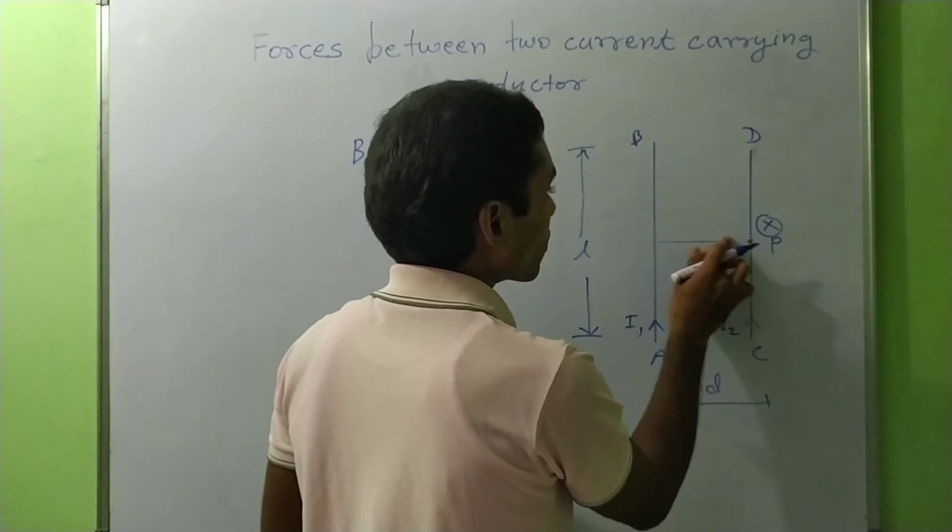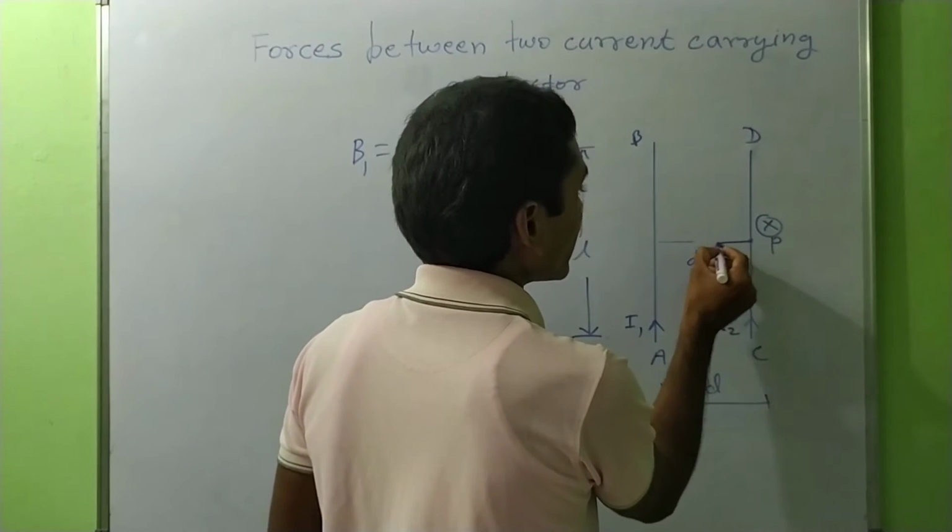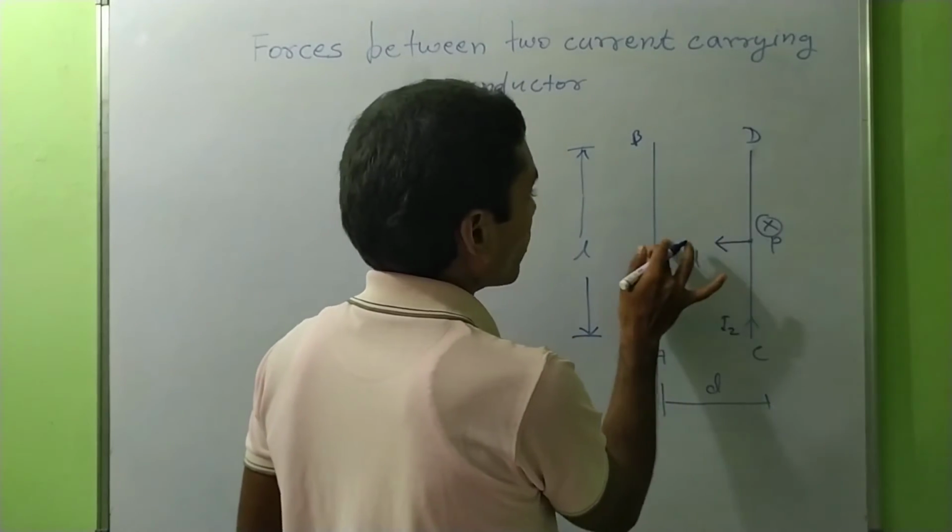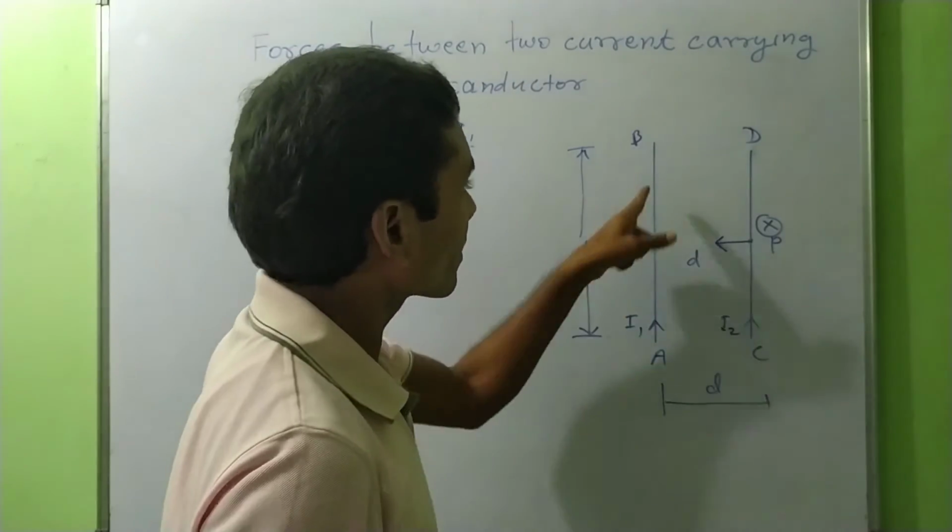So the force on CD will be towards conductor AB.